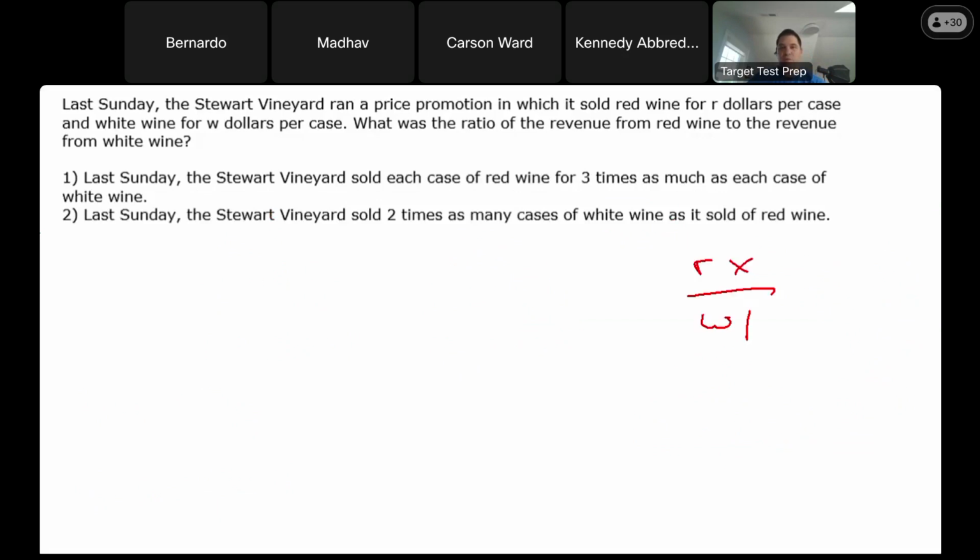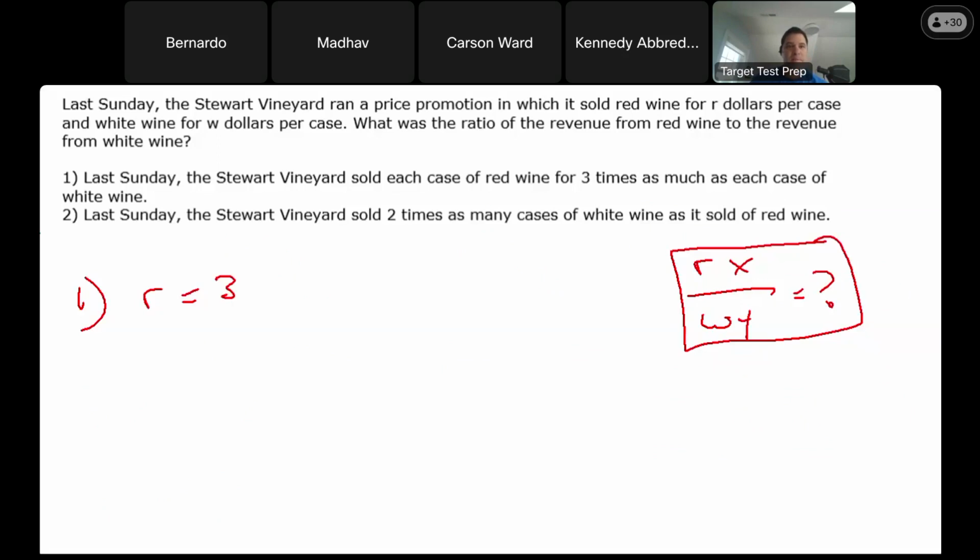Rx over Wy is equal to what? Statement 1, 3 times as much as each case. So sold each case for 3 times as much. So that's going to be R is equal to 3W. And remember, X is the quantity of reds. So 2 times as many cases as white as red.